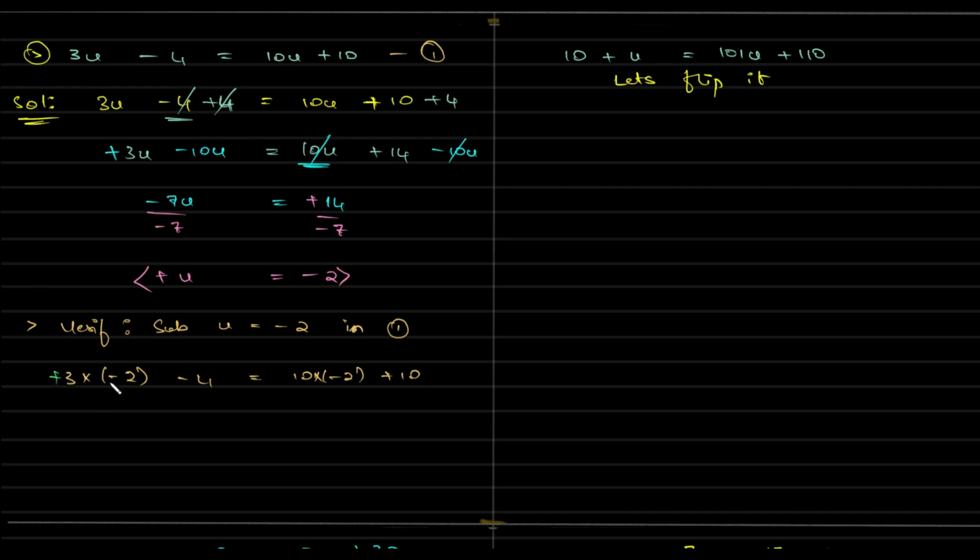So this is positive into negative is negative, 3 into 2 is 6. Negative 4 is equal to positive into negative is negative, 10 into 2 is 20 plus 10. Negative 6. So when you look at it, it does not seem like you will get a true statement. But we will get a true statement. Negative 6 positive, negative 4 negative 10. Negative 20 positive 20 negative 10. Right? Quite simple, is it not?